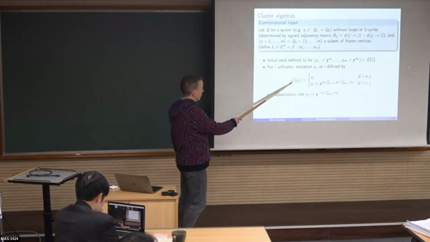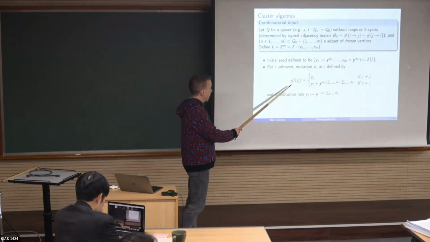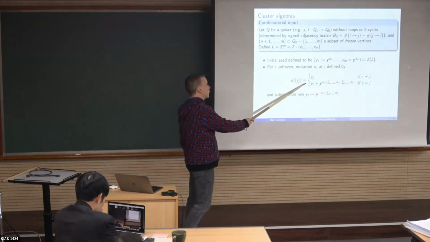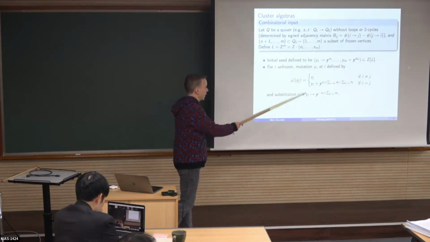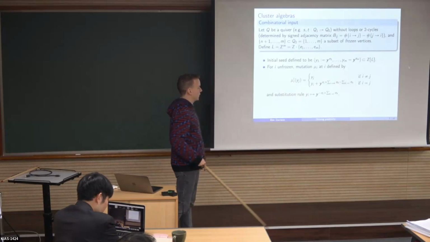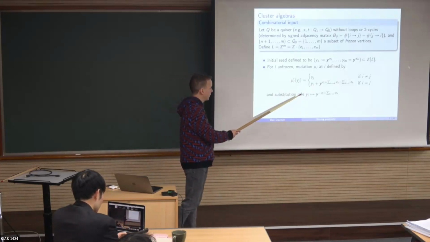So mutation at i is a two-part operation. Firstly, I leave all but one of the elements of my seed alone. And the ith one I replace with a two-term thing like this.